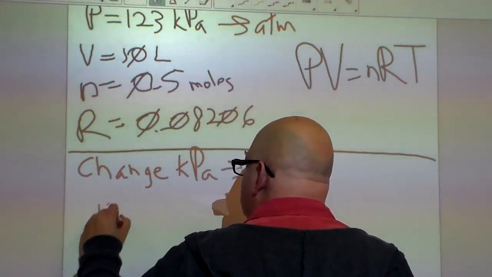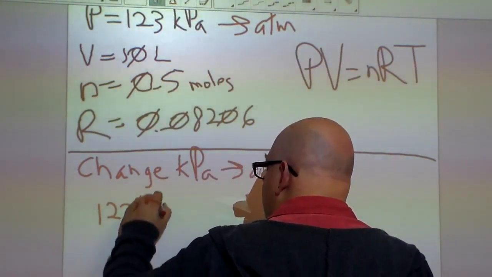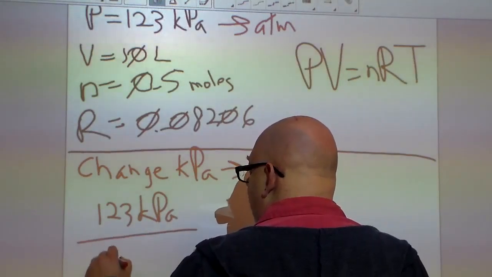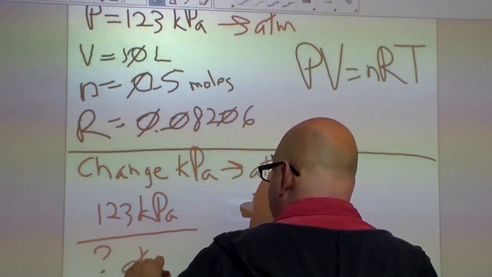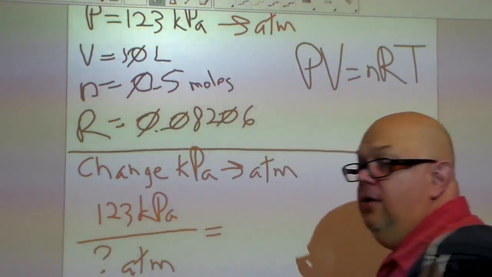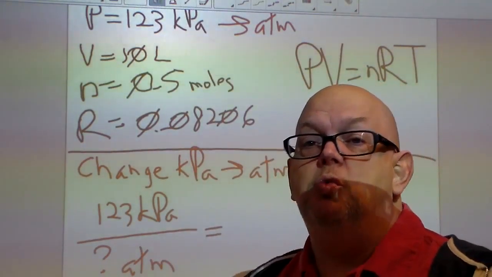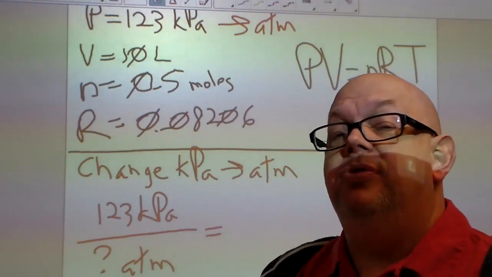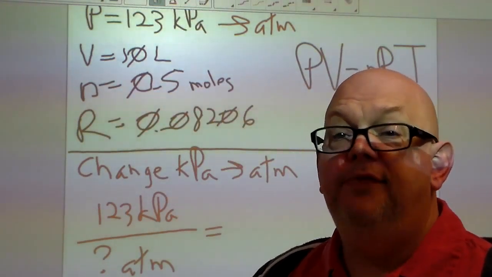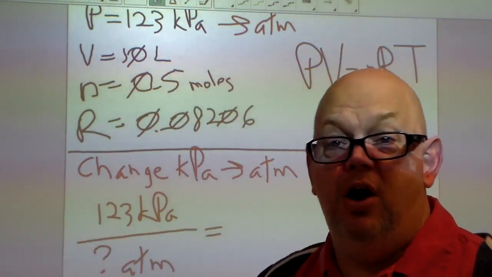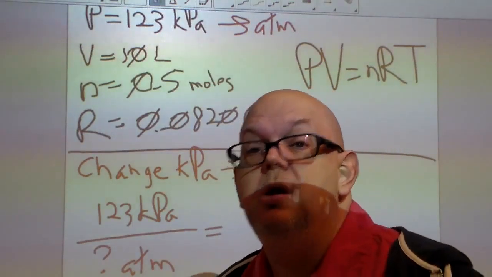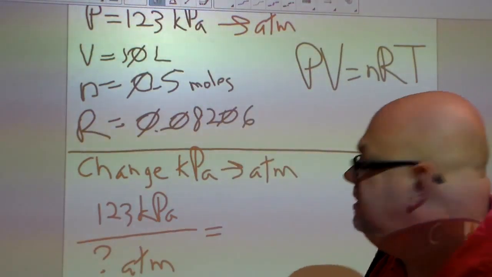So I have 123 kilopascals over, well, I don't know how many atmospheres I've got. Now, here's the thing. What do we have in common at the beach? Well, the air pressure is the same, but the units are going to be different. The number values of the different air pressure units will be different because they work on a different system.